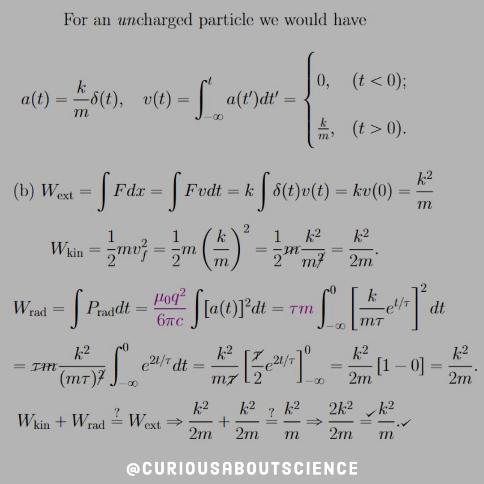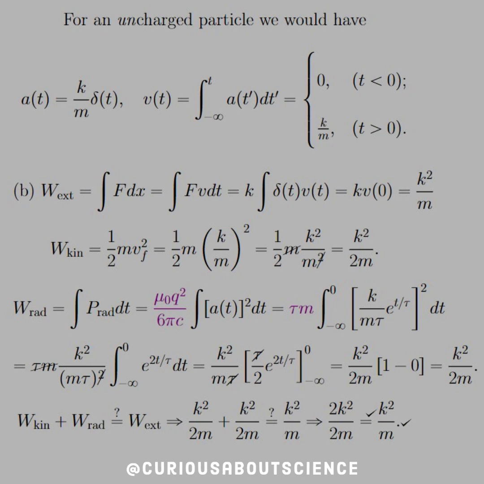So we know that v is k over m, the m's cancel again, so you get k squared over 2m. With radiation, we know what to expect. With the Larmor formula, square that acceleration, carry out the constants. No biggie. Again, read through the math carefully as things tend to cancel. And with that, we end up with k squared over 2m.